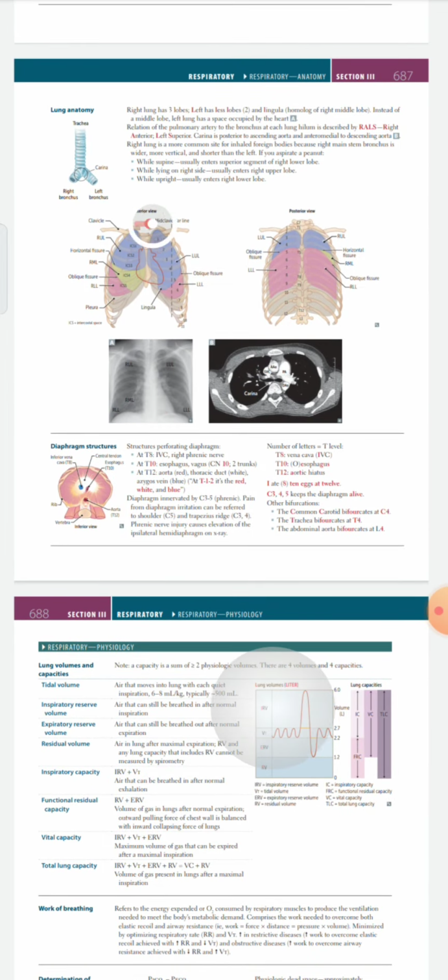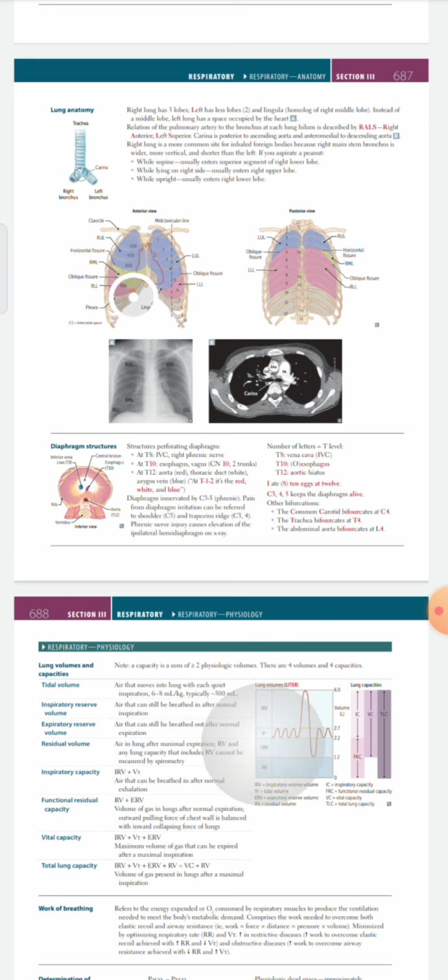These are the intercostal spaces. Humans have 11 intercostal spaces, which are covered by the external intercostal muscle and the internal and innermost intercostal muscles.